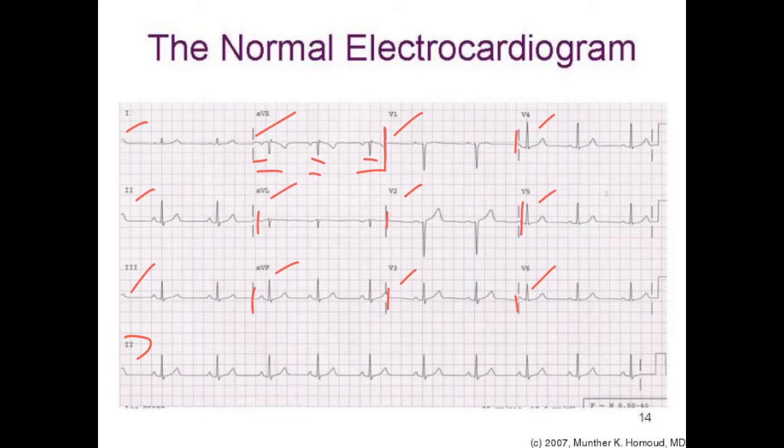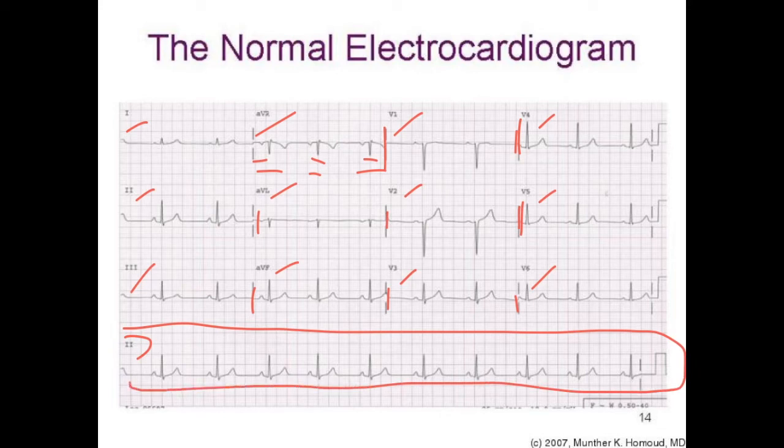Depending on how fast your patient's heart rate is, you might be able to capture 4 beats, or you might only be able to capture 2 beats, and we'll go over that a little bit later. But again, important things: you're seeing 12 leads here, and they have the same start time and finish time, and the start time is indicated with these small bars that I showed you earlier. And usually when they give you an ECG tracing, at the bottom they will show you a very long run of lead 2 by itself, so that you can monitor the electrical activity over a prolonged time.